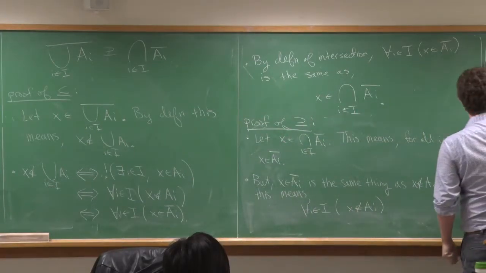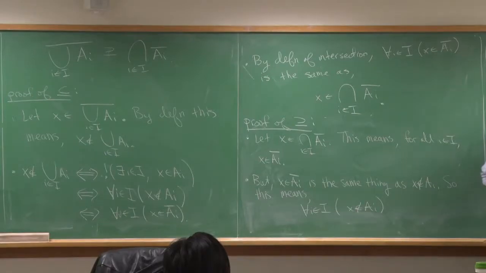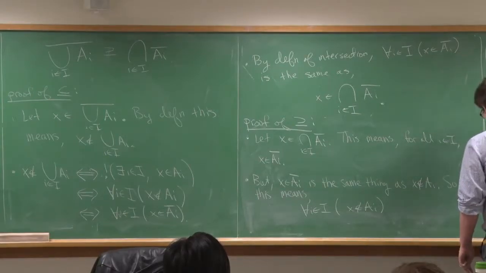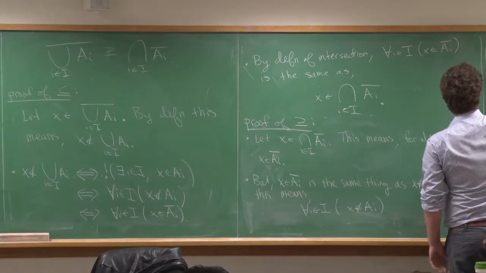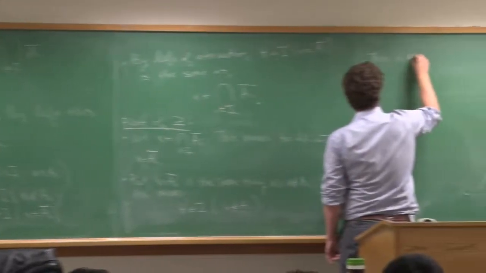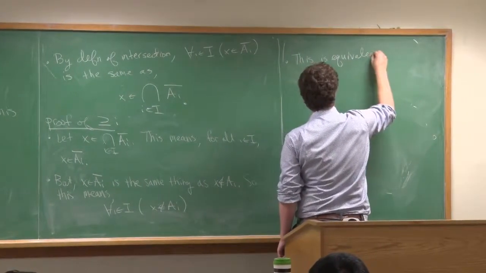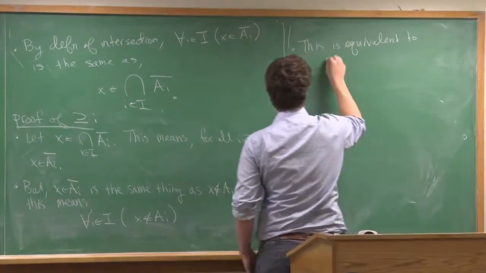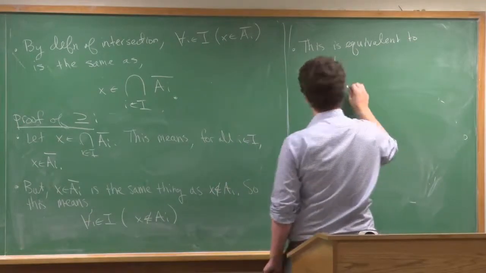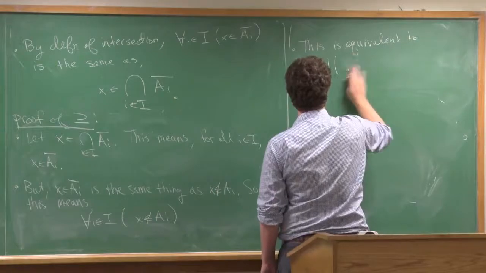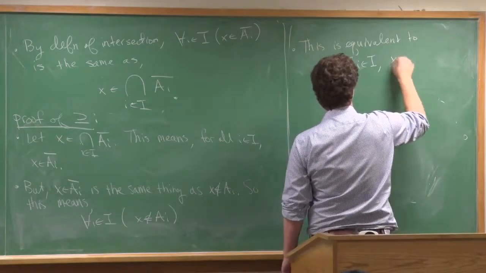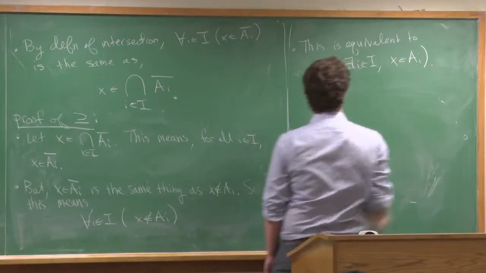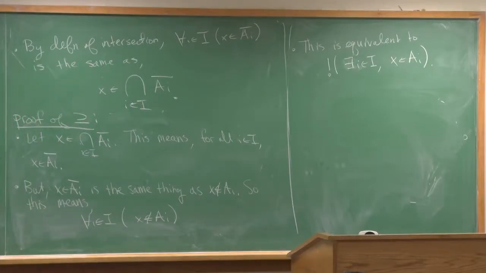All right? And so now we can pull out, so this is again about reading De Morgan's law both ways. One way is about distributing negations. You can also pull out negations. Okay, and so for this one, we'll pull out negations. So this is equivalent to the following: not that there exists an i in I such that x is an element of A_i.